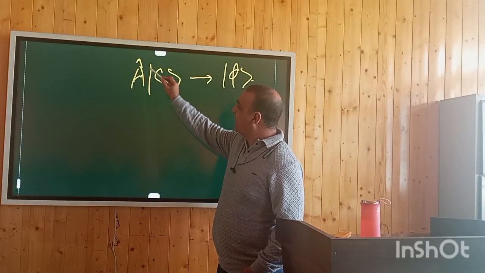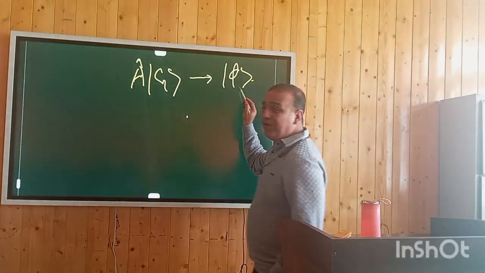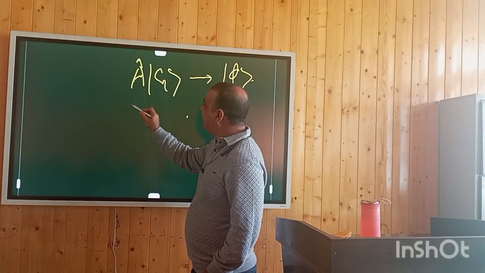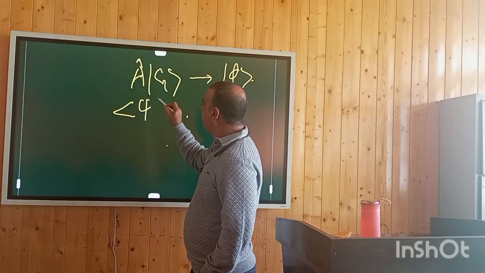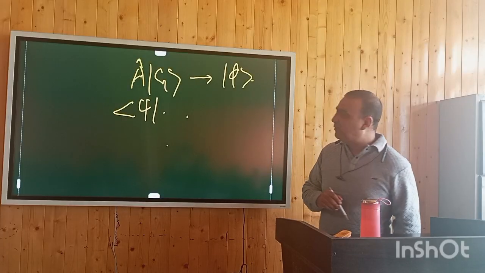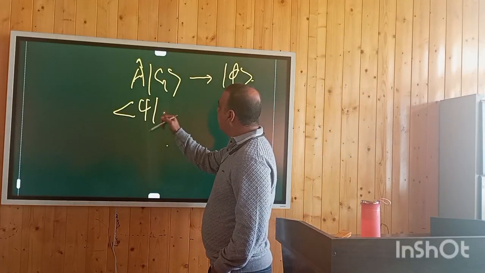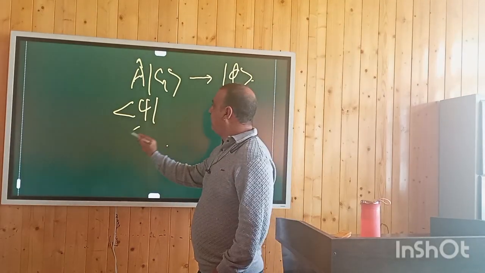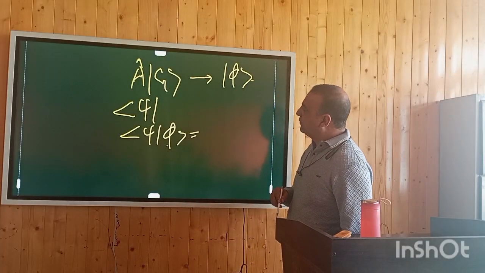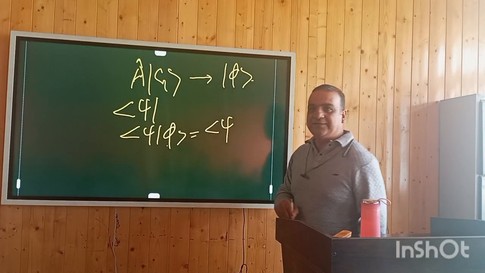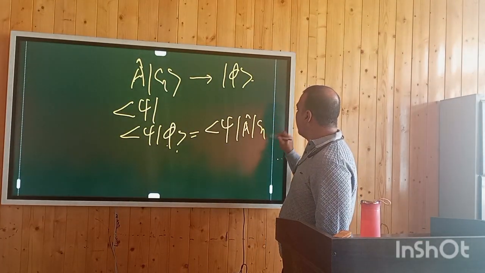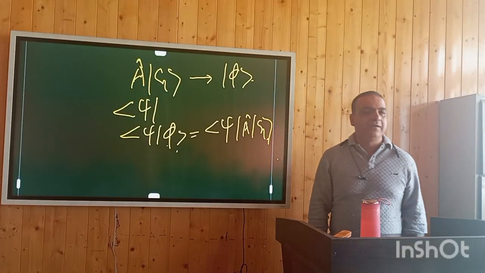So you have an operator A, it's acting on zeta, and from there we get phi. And if I define another bra of psi living in the same Hilbert space, living in the same vector space, then the inner product that I will take between this psi and phi will be equal to what? For phi, I can write A zeta.